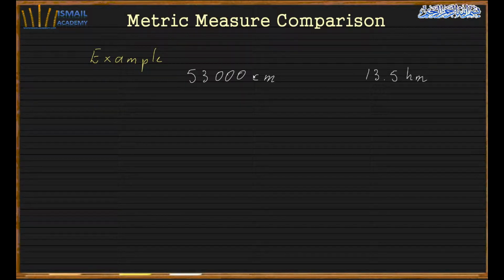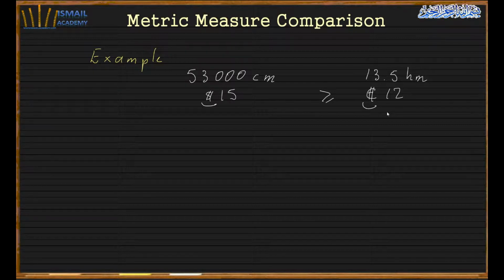Because I cannot compare two distinct units. It's like I'm comparing, for example, two distinct currencies. So if I say $15 is greater than, for example, 12 euro, I don't know how the euro looks like, but I cannot compare those two unless I make those units the same.